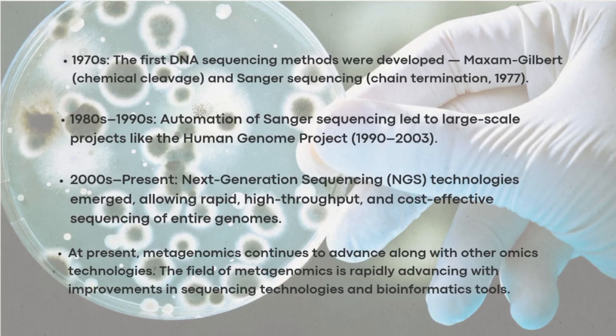Maxam-Gilbert, chemical cleavage, and Sanger sequencing, chain termination, in 1977. 1980 to 1990: automation of Sanger sequencing led to large-scale projects like the Human Genome Project, 1990 to 2003. 2000s to present: next generation sequencing technologies emerged, allowing rapid, high throughput, and cost-effective sequencing of entire genomes.